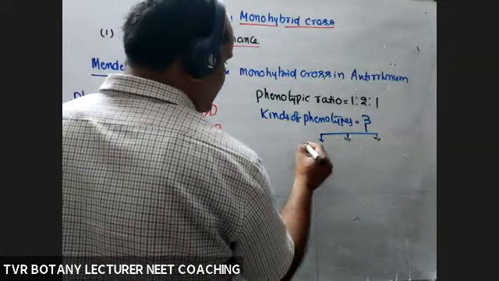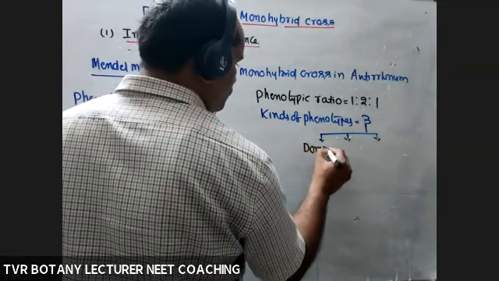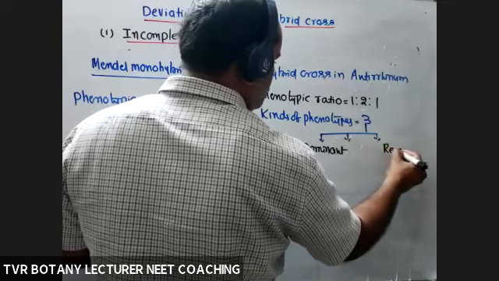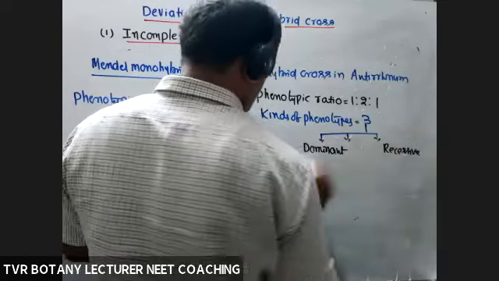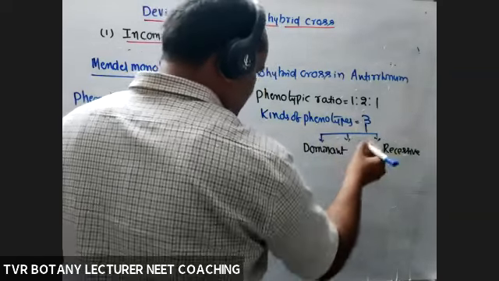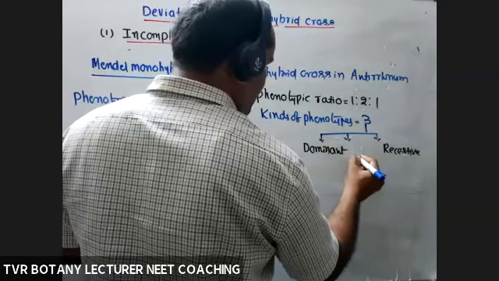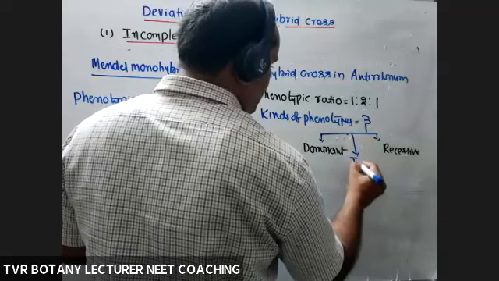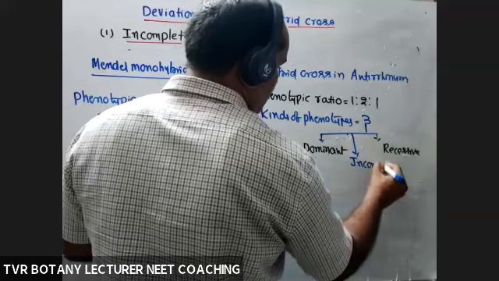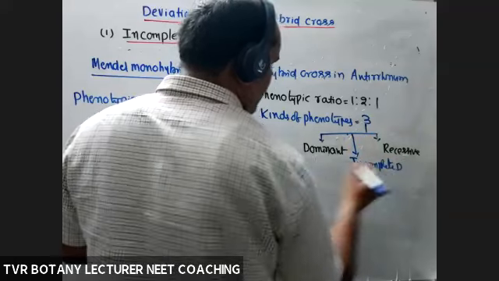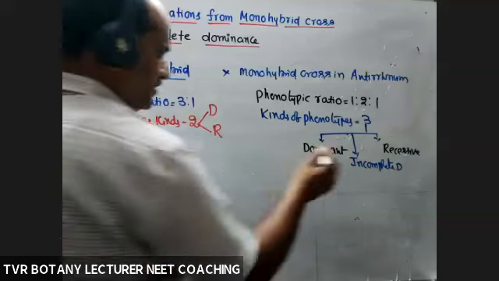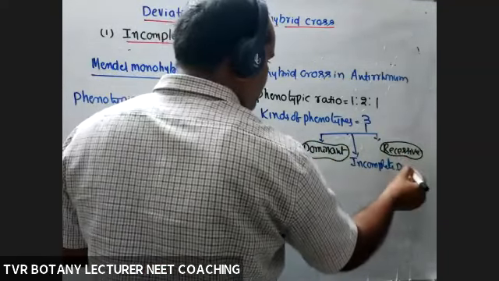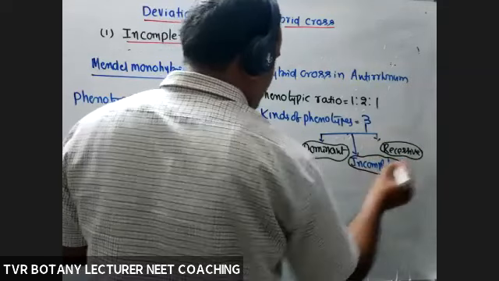One is dominant, third one recessive, and in between these two, I'm taking incomplete dominance. Okay, so this is kind 1, third one, and the second one. 3 kinds are not there in Mendel's cross.